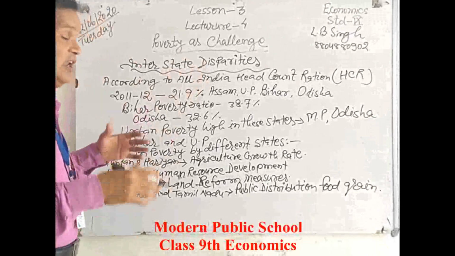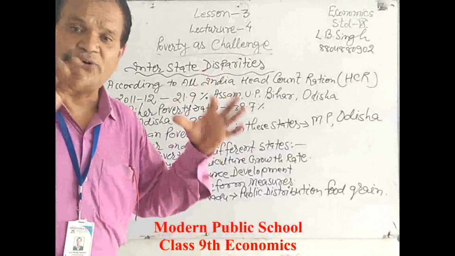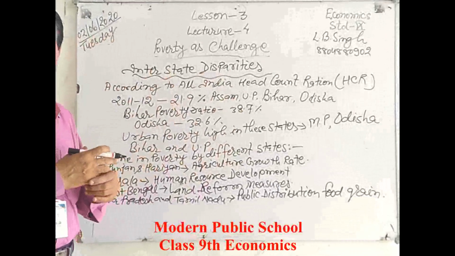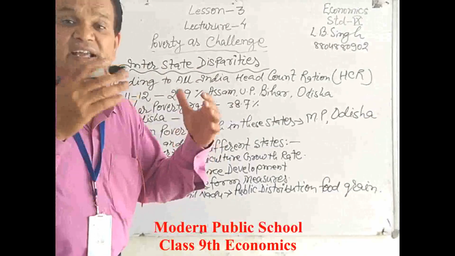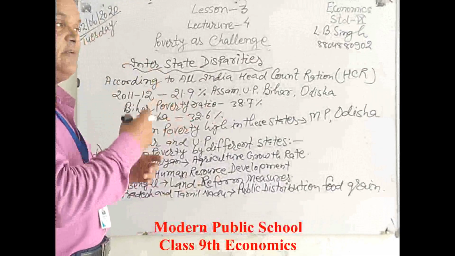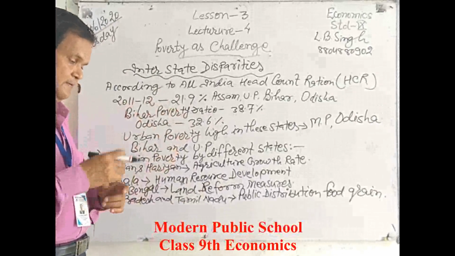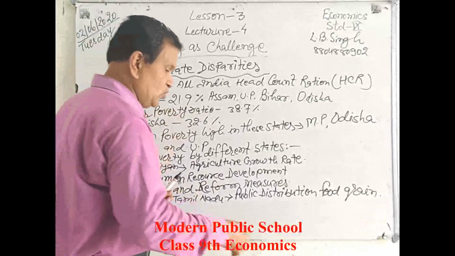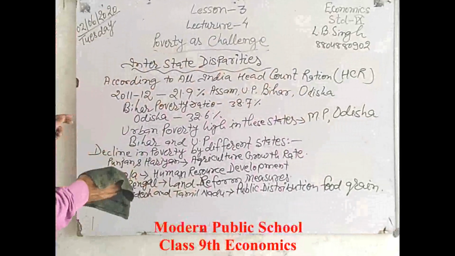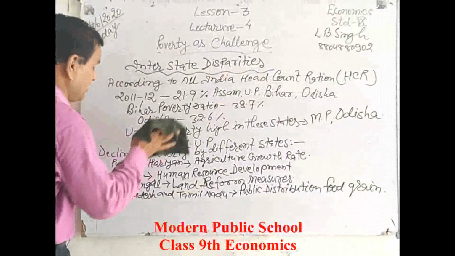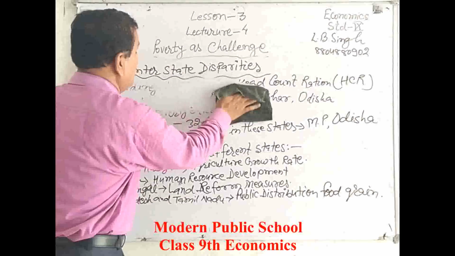I have told you like this, other states are also trying to utilize their human resources and other resources for the development of their state. If the state develops, that means there will be less poverty. Now I have to discuss another topic. Another title of this topic is called global poverty.